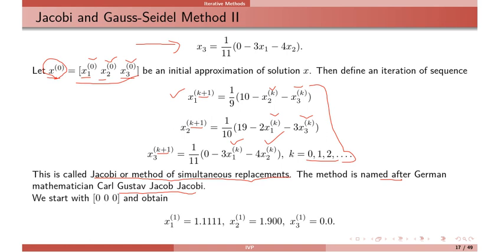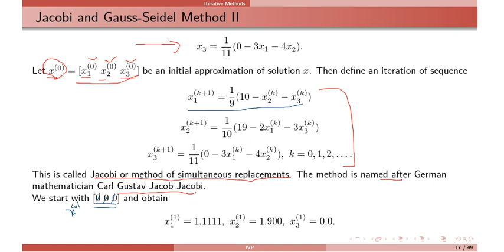Since we are solving this system and we don't have any idea of initial guess, you can start with anything. So take initial guess x0 as 0, 0, 0. Okay, so initially x1 is 0, x2 is 0, and x3 is also 0. So from first equation, just fit x2, x3 as 0. So you get x1 as 110 by 9.